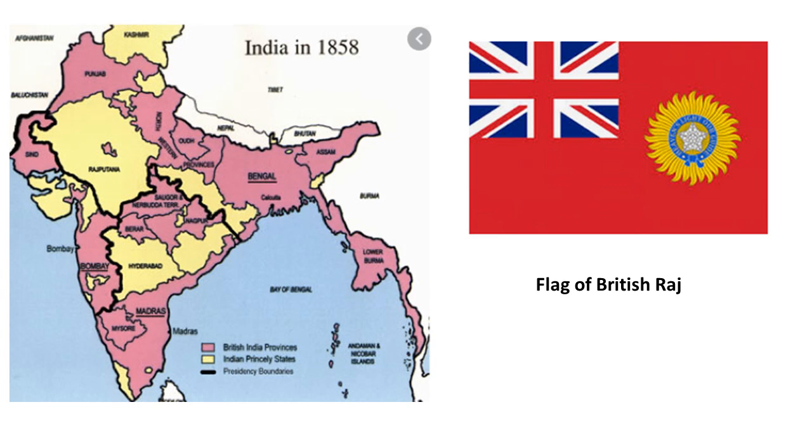A flag was created, and on this map of India in 1858, you can see in pink the Indian provinces directly governed by the British, and the states which were still named the princely states, which means that local princes still had the authority over these areas in yellow, even though they were allied to Britain.